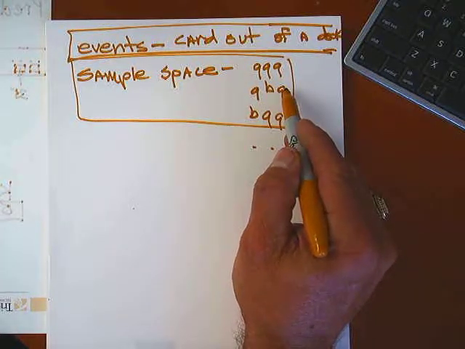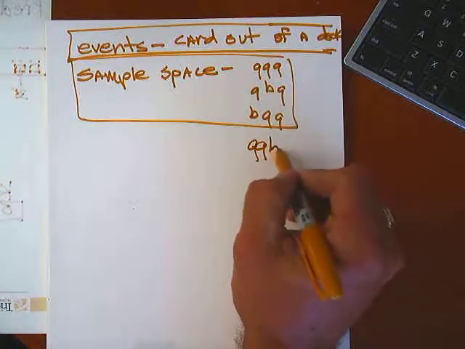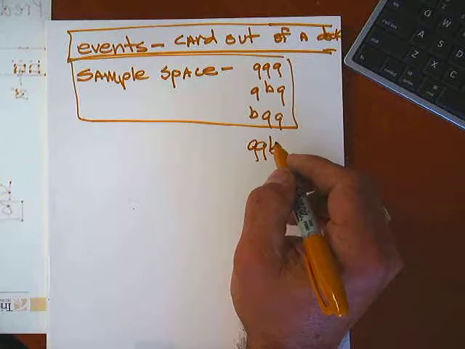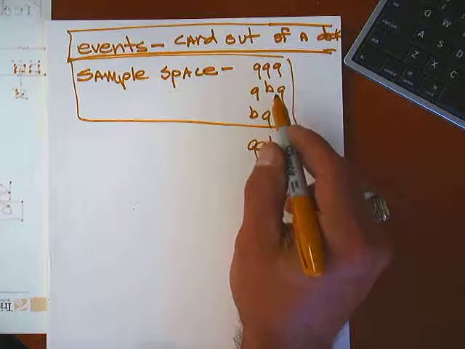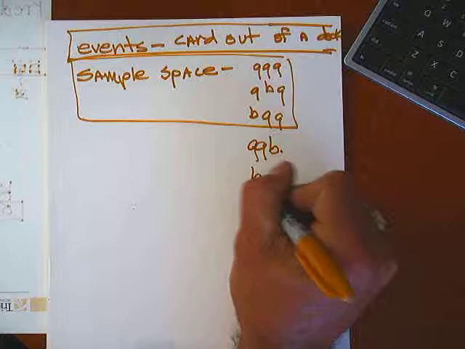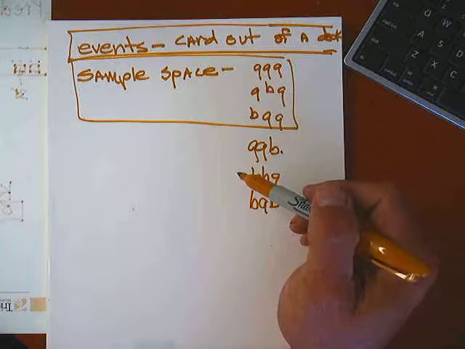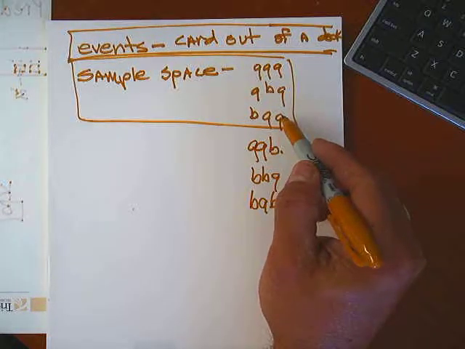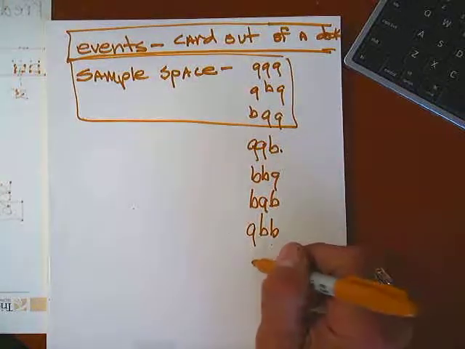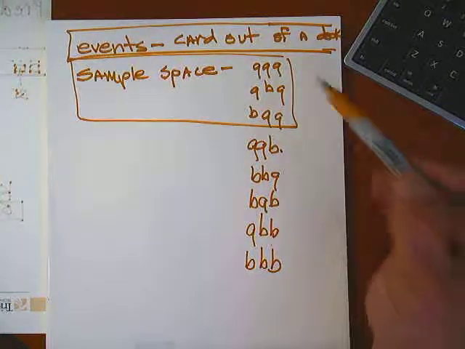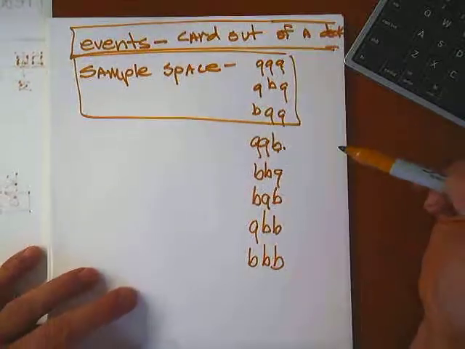Well, we'll continue this, and that's girl, girl, girl, girl, boy, girl, and then you could have girl, girl, boy, and girl, boy, girl, we got that one, and boy, boy, girl, boy, girl, boy, and boy, girl, girl, we got boy, girl, girl, we got girl, boy, boy, and boy, boy, boy.